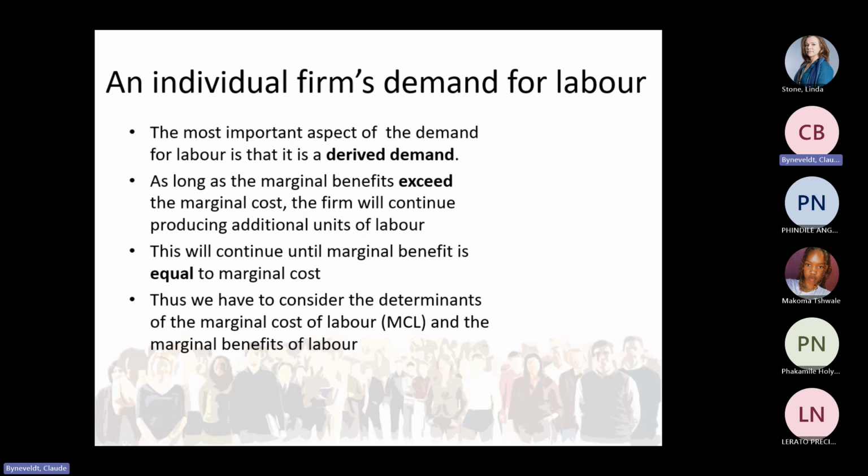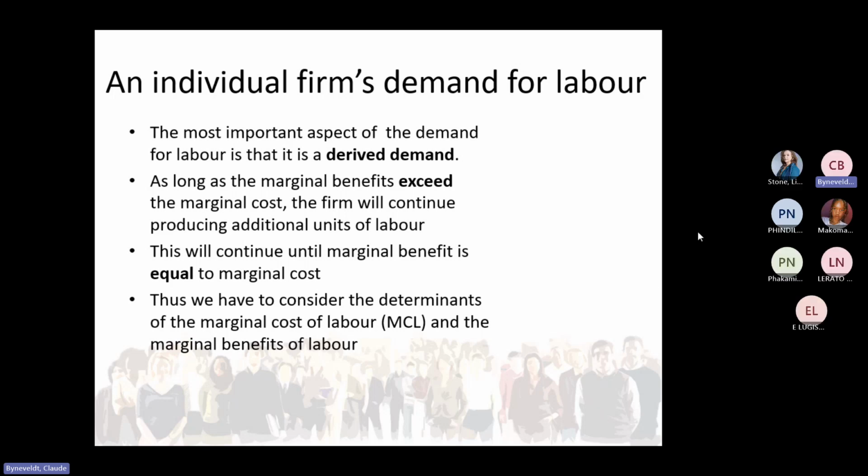So that is a very important principle in terms of an individual firm's demand for labor, and where it differs from the goods market, which we have dealt with in previous learning units.